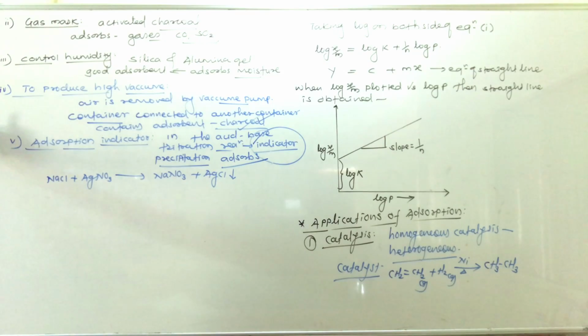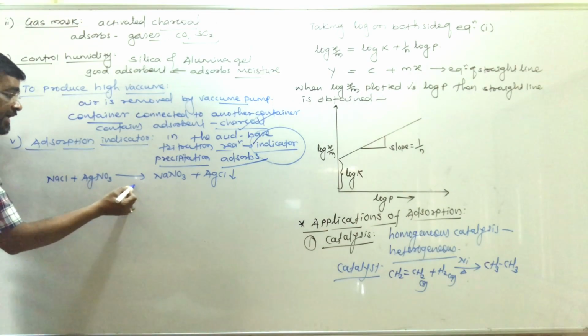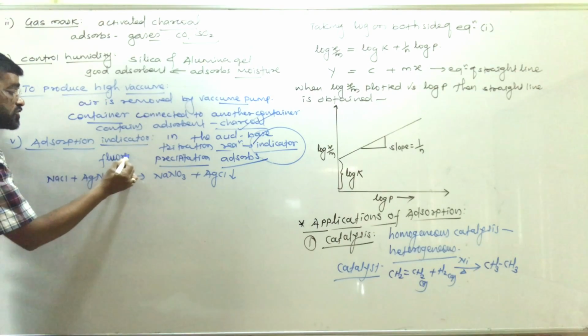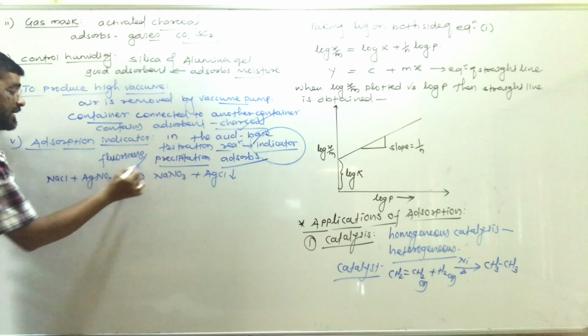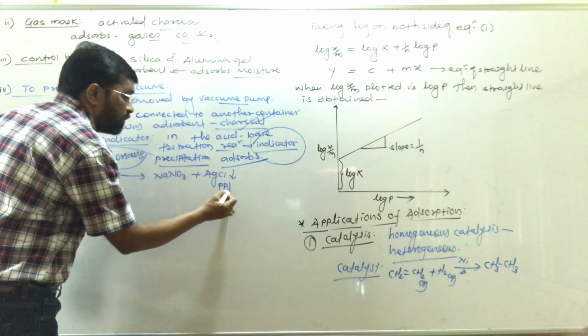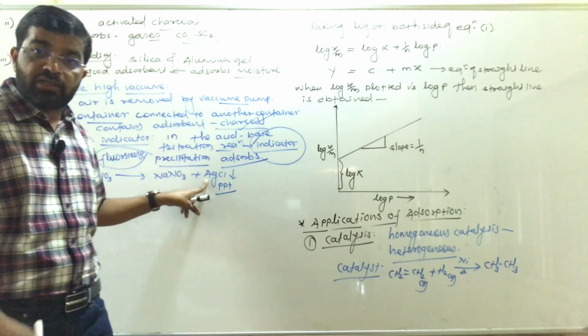In this reaction, fluorescein indicator is used. So what happens when there is formation of precipitate of AgCl?